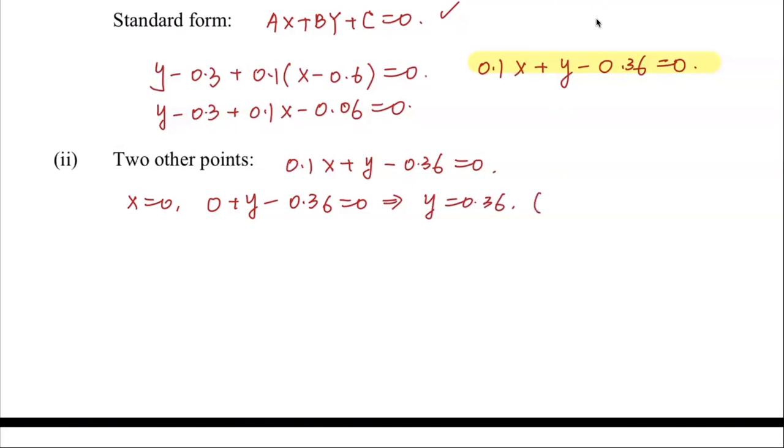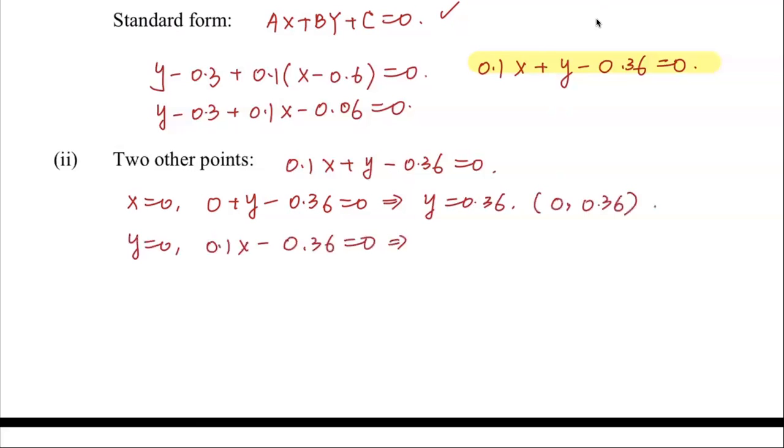So the first point we found is (0, 0.36). Okay. Now, if we let y be 0, then 0.1x minus 0.36 is equal to 0.